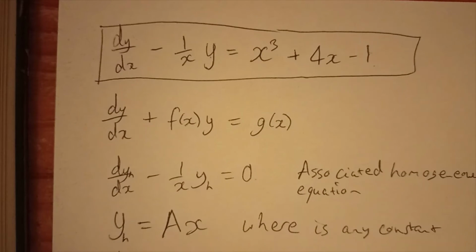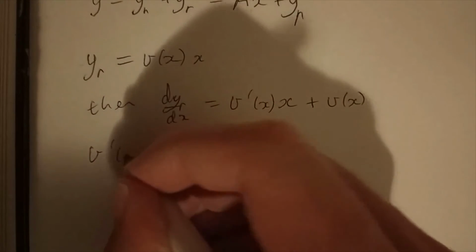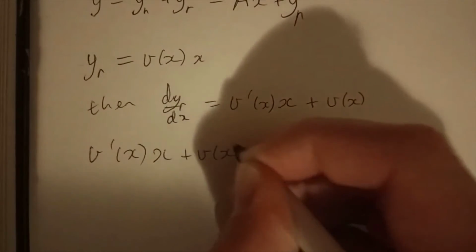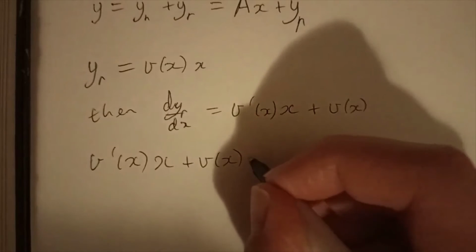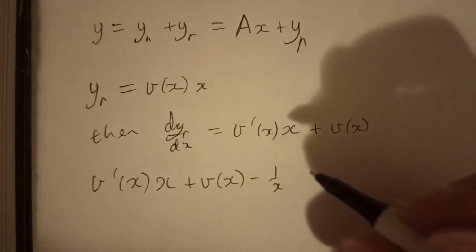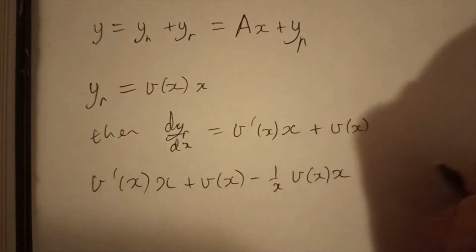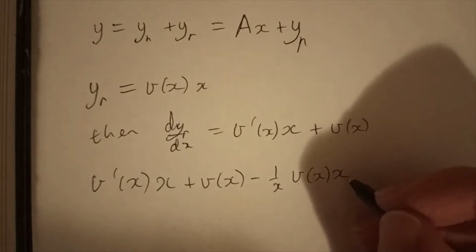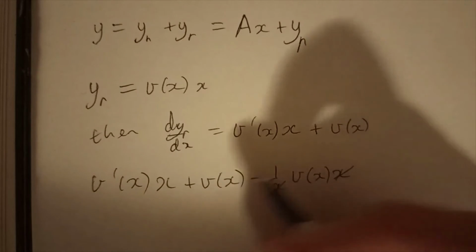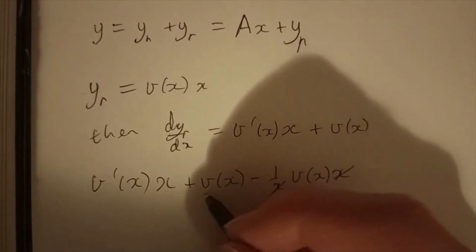Okay, so substituting back into the differential equation will give v prime of x times x plus v of x, minus 1 over x times y_p, which is v of x times x. Now these x's cancel, which means that we have v of x minus v of x, so the v of x terms also cancel.